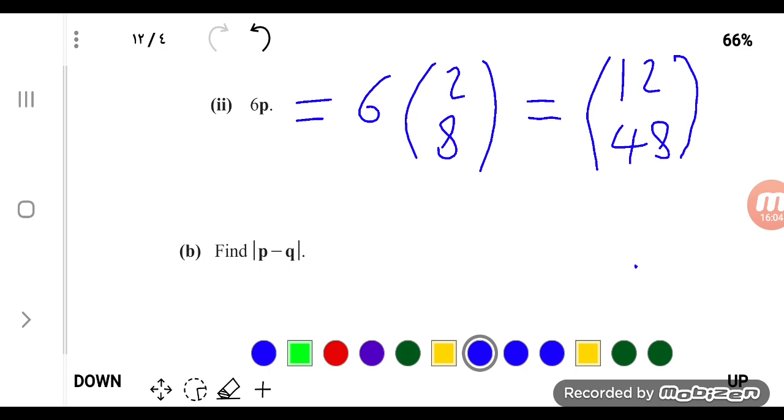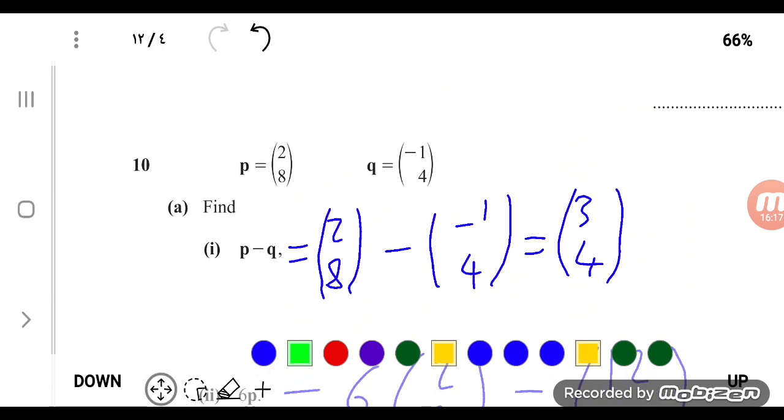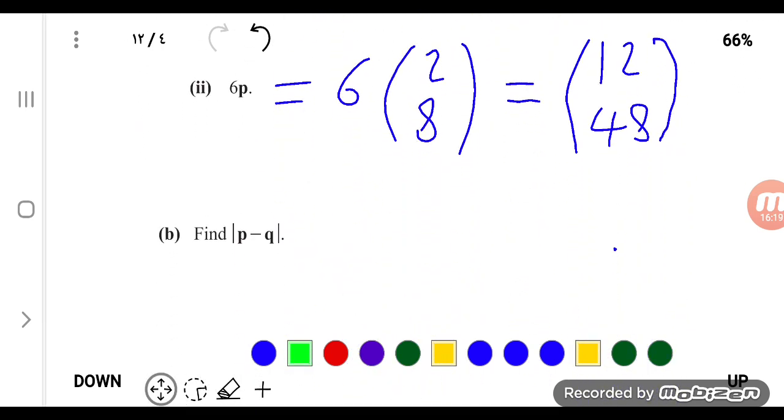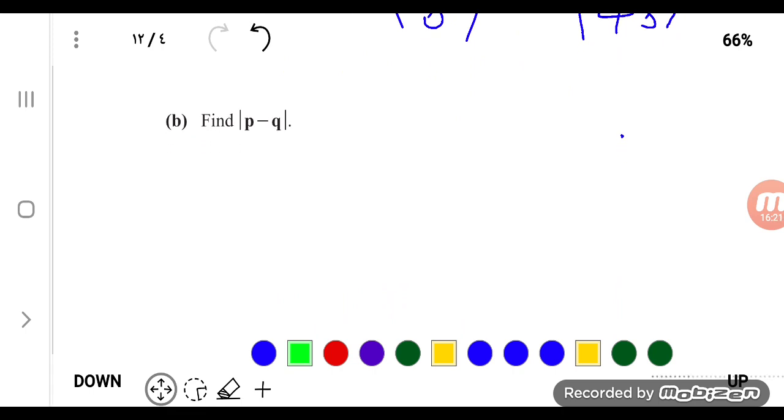Now we want to calculate p minus q magnitude. These two lines means magnitude. Now we know that p minus q, here we found it, p minus q, it was 3, 4. So I want to find the magnitude of 3, 4.